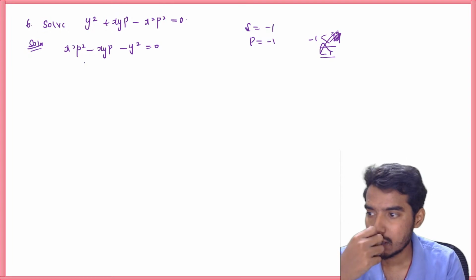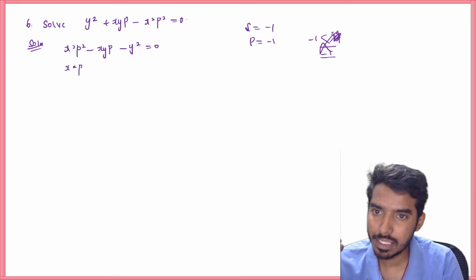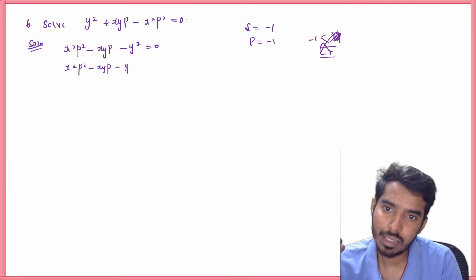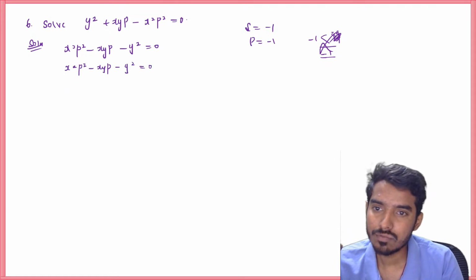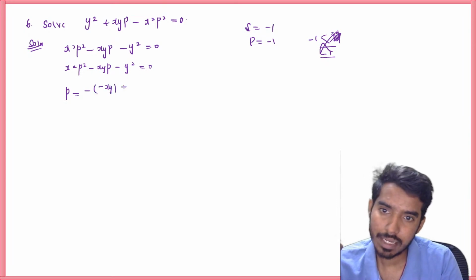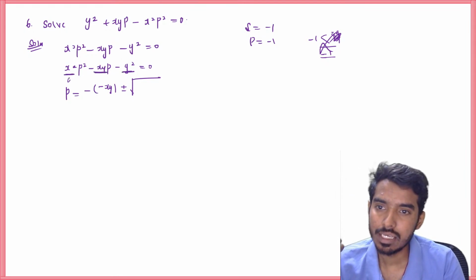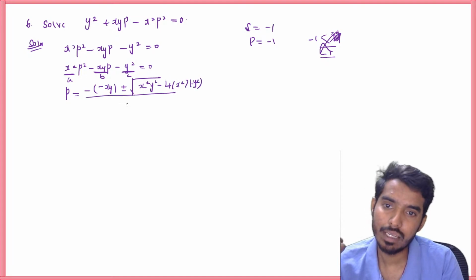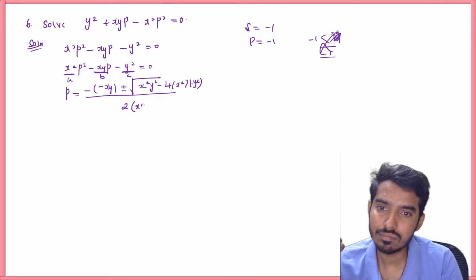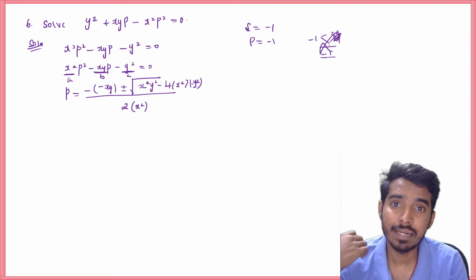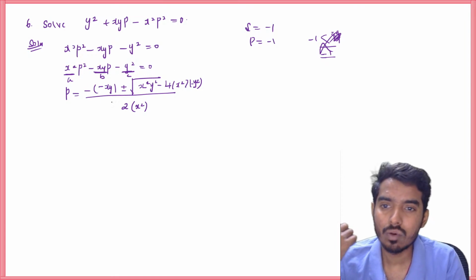This is the same as x square p square plus xyp plus y square is 0. So we need to solve for p. So p is equal to minus b plus or minus root of b square minus 4ac, divided by 2a. Here this is our a, our b, and our c. You cannot find two integers here, so you go for the quadratic formula.